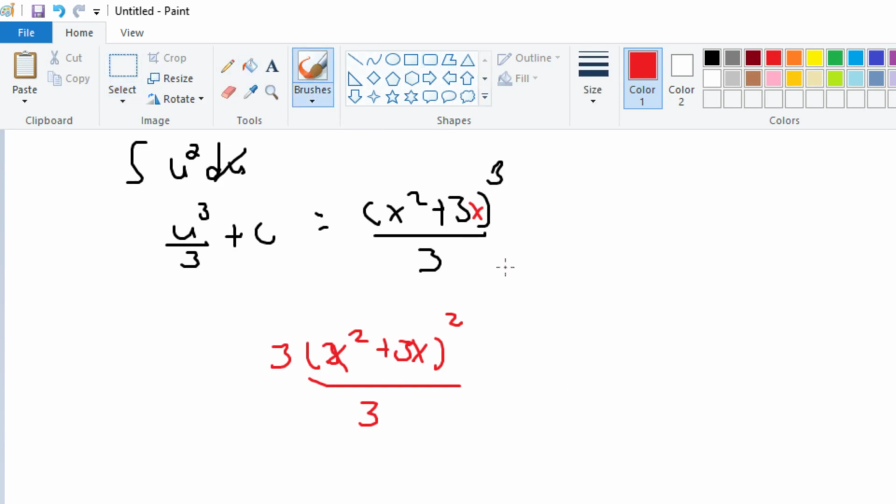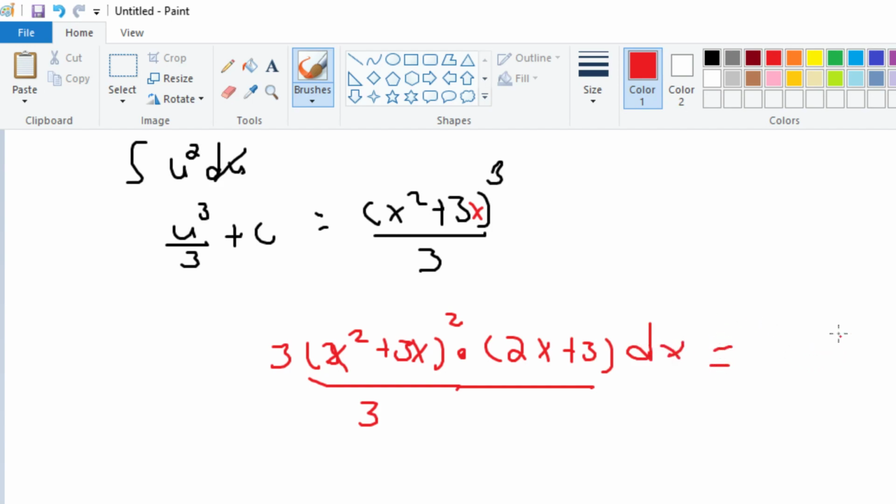Okay, so let's try this again. So we drop the power down, and we have that, and then we multiply the derivative of the stuff that's inside. So that's 2x plus 3, and this is all being divided by 3. And then now we can simplify.